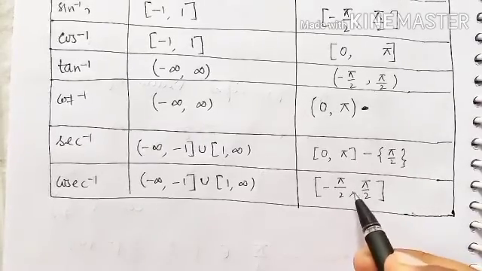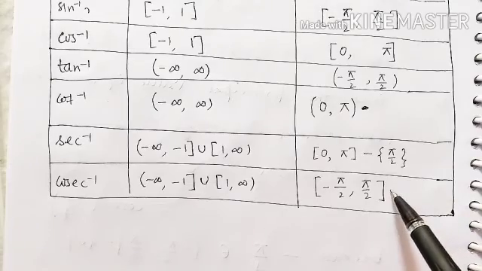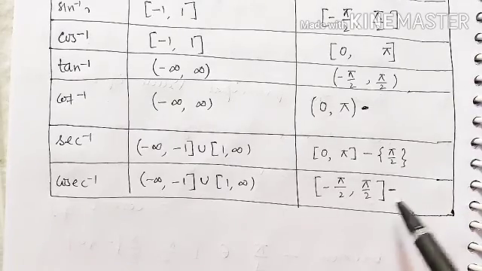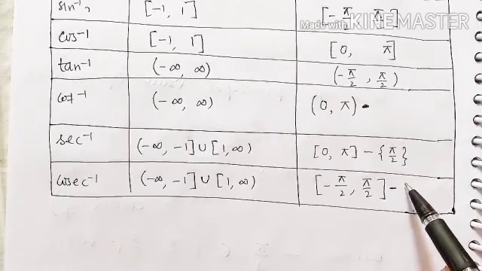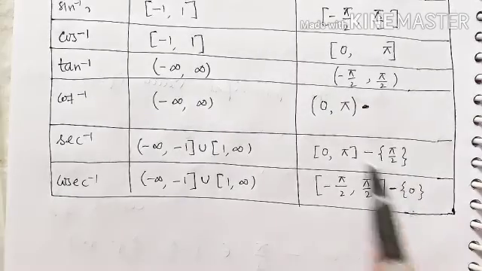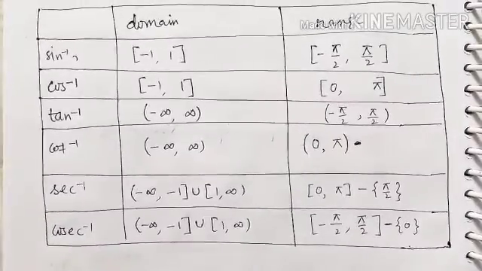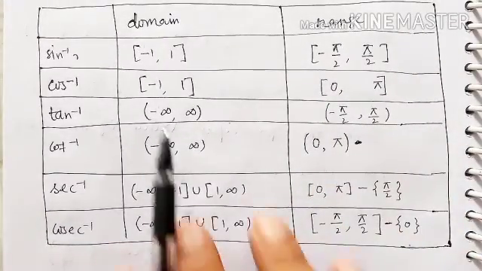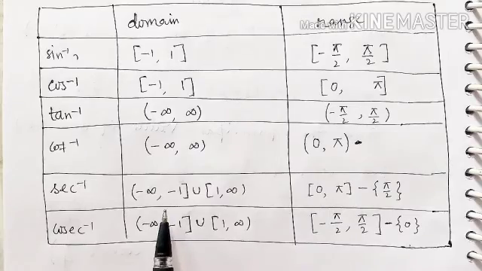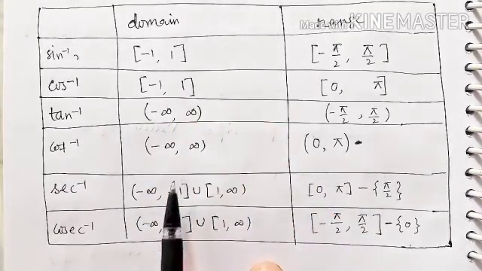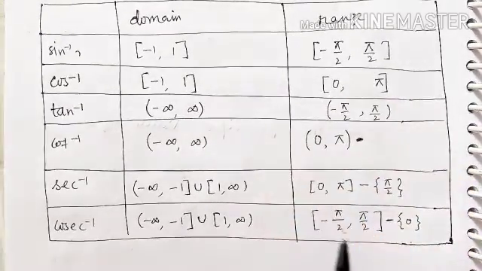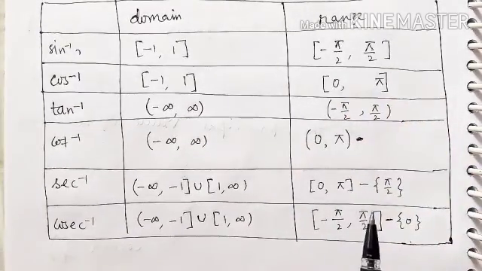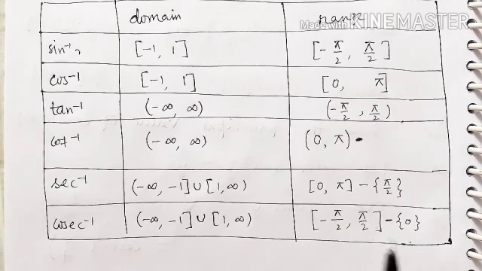Within this interval there exists 0, so we have to remove 0 because at 0, cosec x becomes infinity. You must remember these ranges, and for writing this domain, if you remember the graph of the trigonometric functions, then you can remember these ranges, and it will be quite helpful for finding the principal values. That's all for doing exercise 2.1 of NCERT.